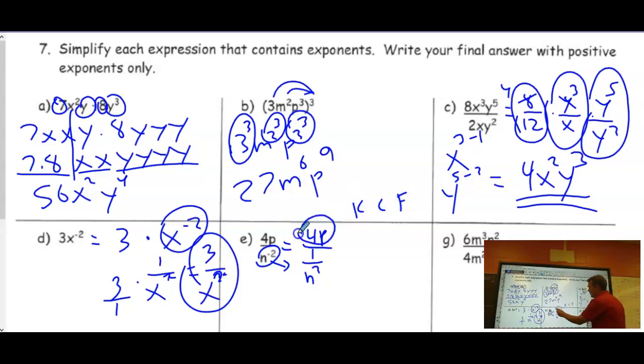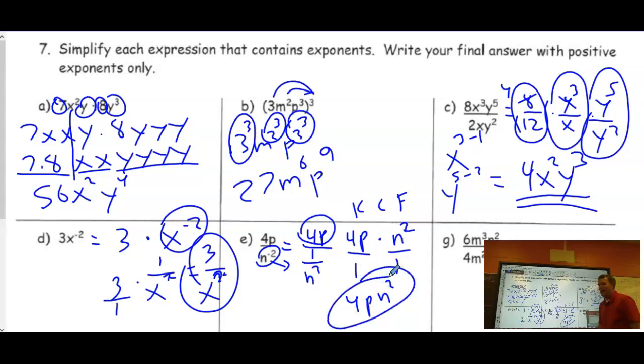I'm going to keep the numerator, 4p. I'm going to change it to multiplication, and I'm going to flip the denominator and make it n squared over 1. And now when I multiply, I would multiply the tops and get 4p n squared, and I would multiply the bottoms and just get 1, so it's 4p n squared.